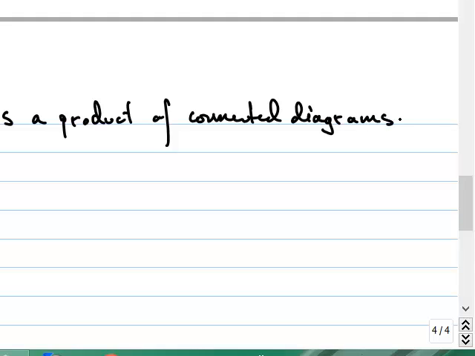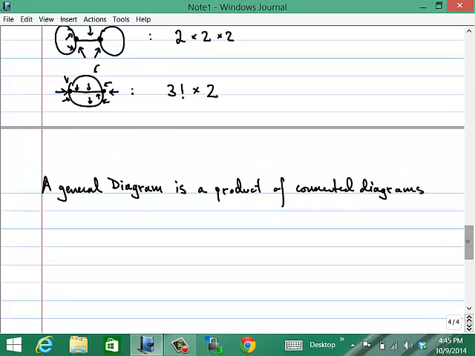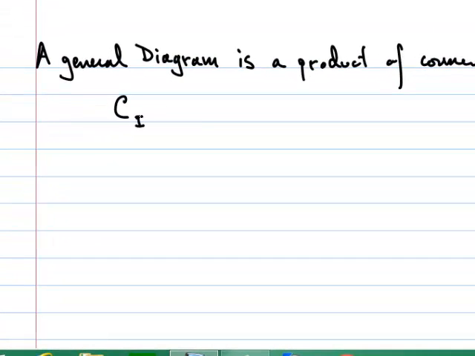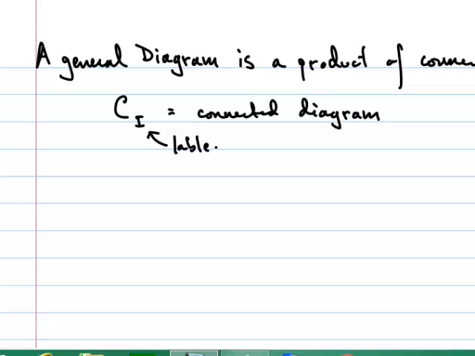So a general diagram is going to be disconnected, but it will be a product of a bunch of connected diagrams. So let's just think about that for a second. Let C denote some connected diagram. And I will be a label that labels all of the connected diagrams in the theory.